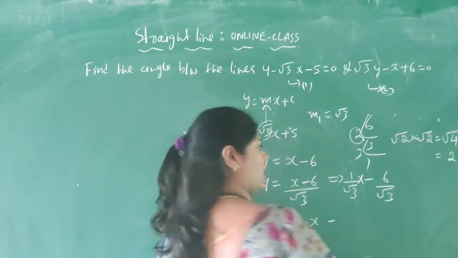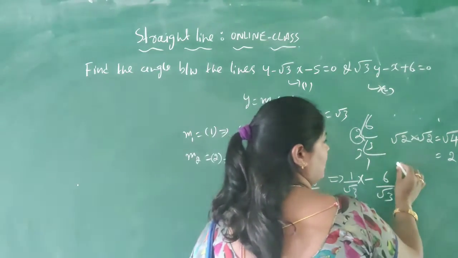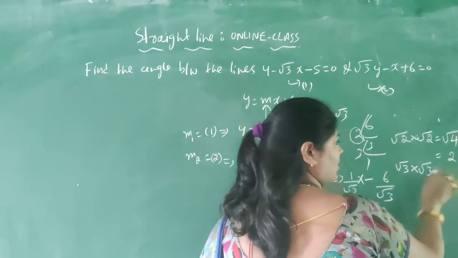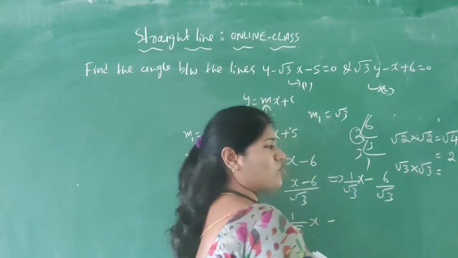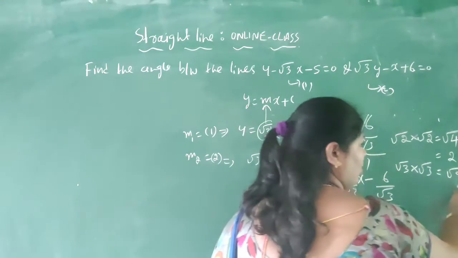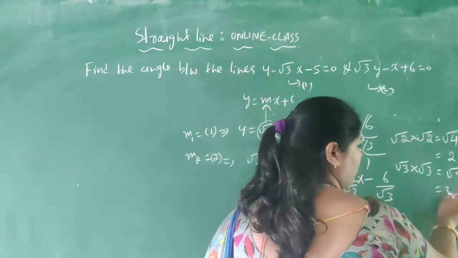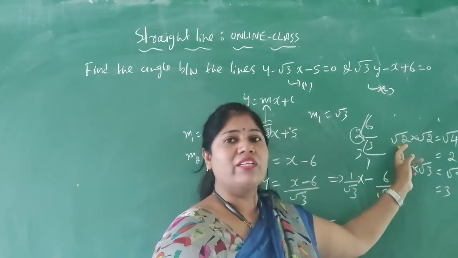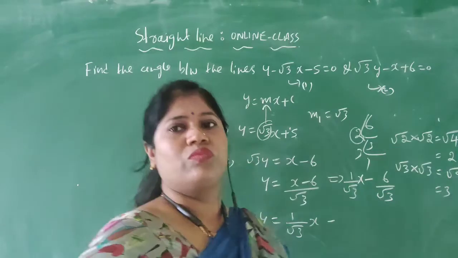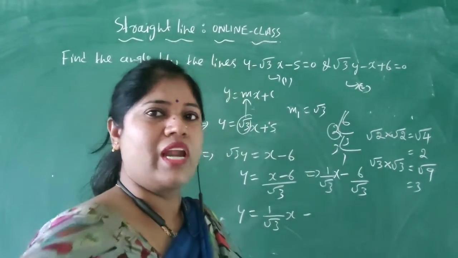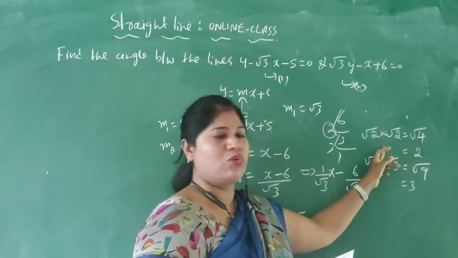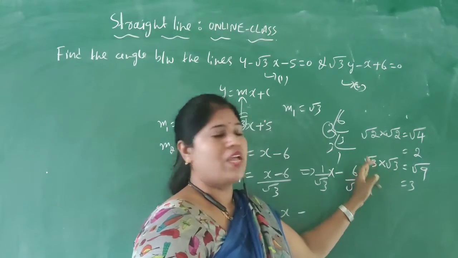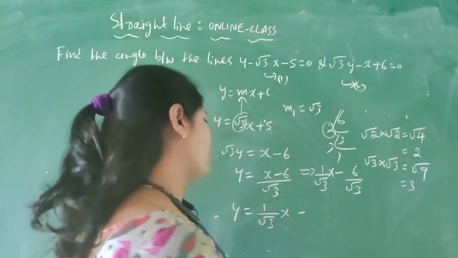Like the way this 3 can be written as root 3 into root 3. What is root 3 into root 3? It is equal to root 9, and the square root of 9 is 3. So both are the same. So instead of 2, we can write root 2 into root 2, and similarly instead of 3, we can write root 3 into root 3.